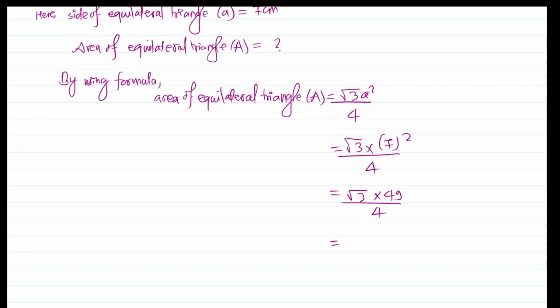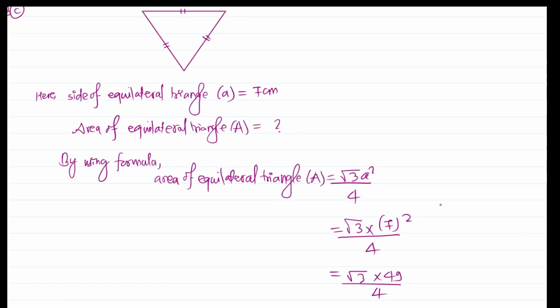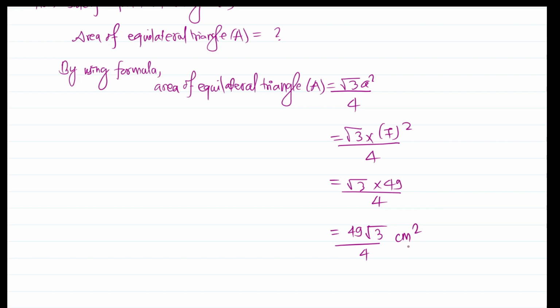You can evaluate this result in decimal by using a calculator. I will keep it as it is. This will be centimeter square because the side is in centimeter. So the area will be in centimeter square, right?